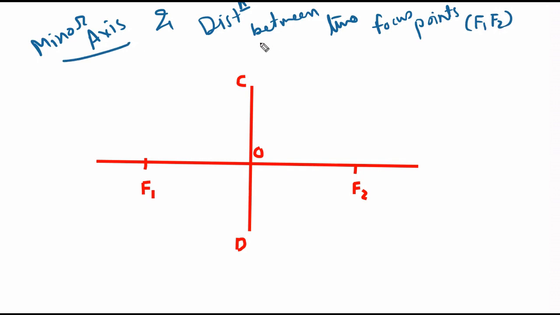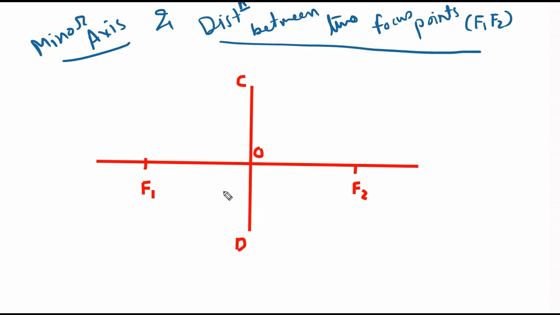Okay, so two data, minor axis and distance between two focus points F1 and F2, are given. So draw F1, F2, from the midpoint draw CD. Okay, OC equal to OD.